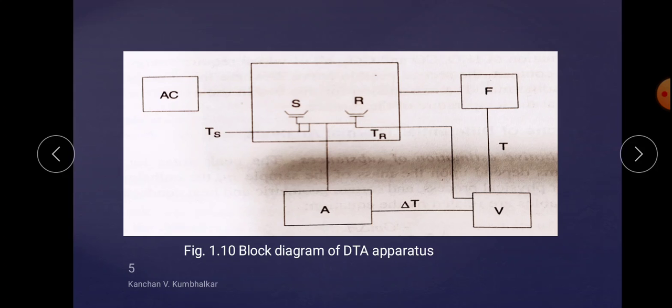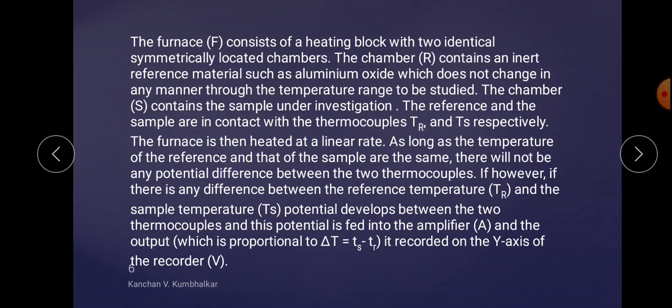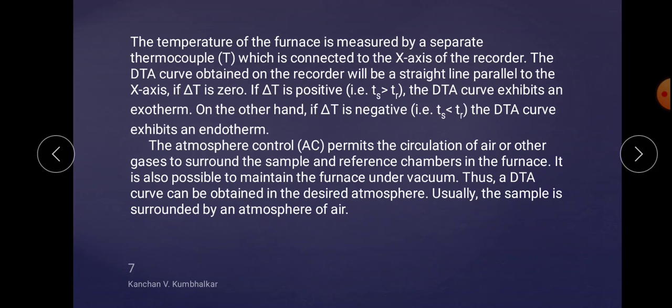Thus, a DTA curve can be obtained in the desired atmosphere because of the atmosphere control. Usually, the sample is surrounded by an atmosphere of air. So, this is the overall instrumentation of DTA in a block format. This is the overall explanation.